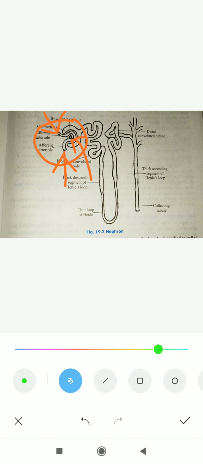The next part of the nephron is the tube, this complete tube which you can see on the screen. This complete tube is known as renal tubule. Renal means related to the kidney, so the tube present in the kidney.